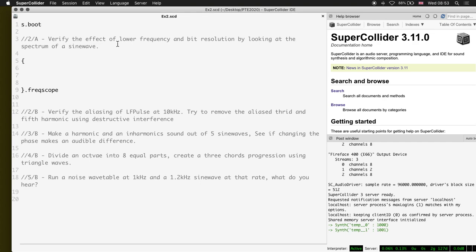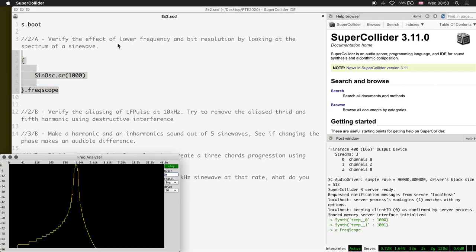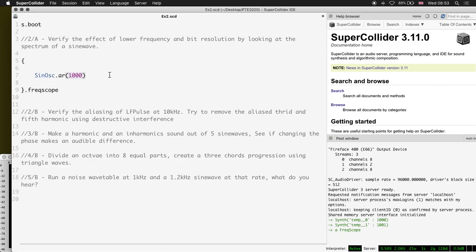Okay, so a good way of getting into building complex things is to do it step by step and verify every step along the way. 1 kilohertz standard. So let's see if our scoping works. That seems to work. Okay, so how do we decrease the resolution?